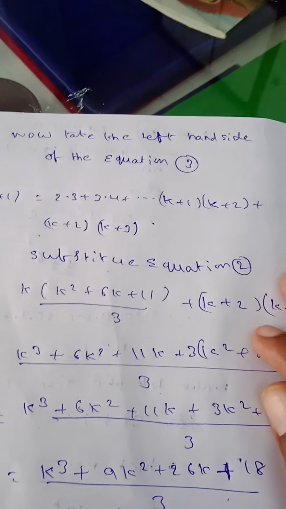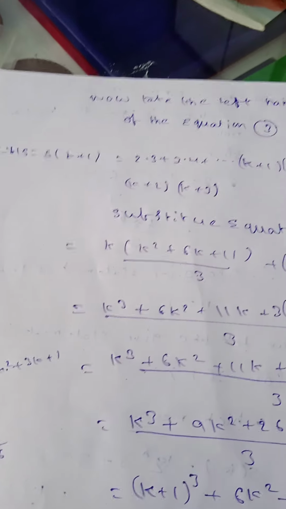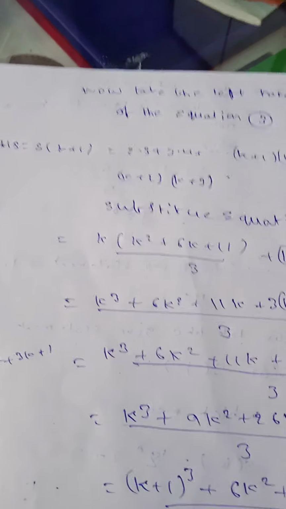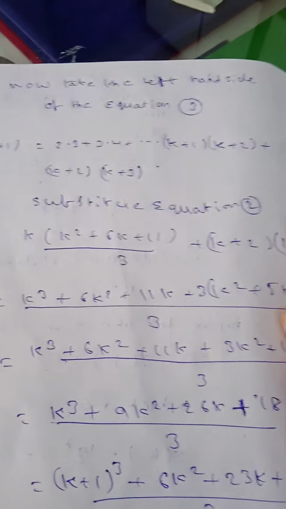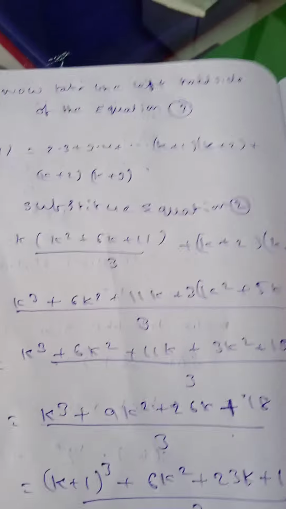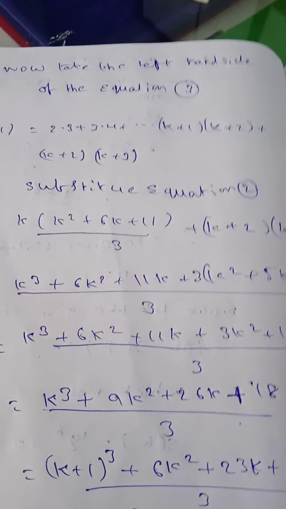Now take the left hand side of equation 3. LHS is equal to S of k plus 1 equal to 2 into 3 plus 3 into 4 plus and so on up to (k plus 1) into (k plus 2) plus (k plus 2) into (k plus 3).